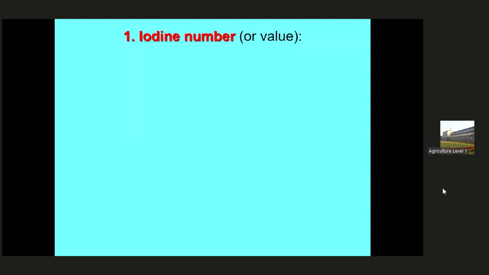Suppose a palmitoleic acid that contains only one double bond at carbon number 9 and 10 can absorb 2 gram iodine.